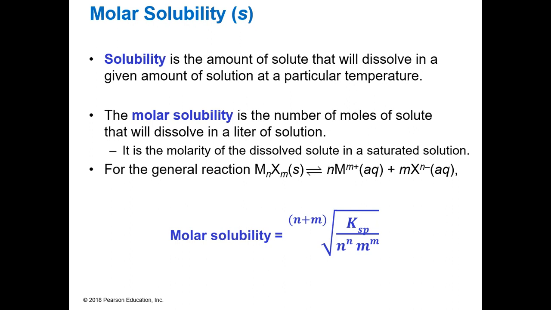The solubility is the maximum amount of solute that will dissolve in a given amount of solution at a particular temperature. So we're always going to assume we're under one temperature. Our temperature is not changing. But we're going to try to dissolve some salt in a solution, and we can figure out how much of that salt will dissolve. As we said, these are insoluble salts, so not much of it will dissolve, but some will always dissolve.